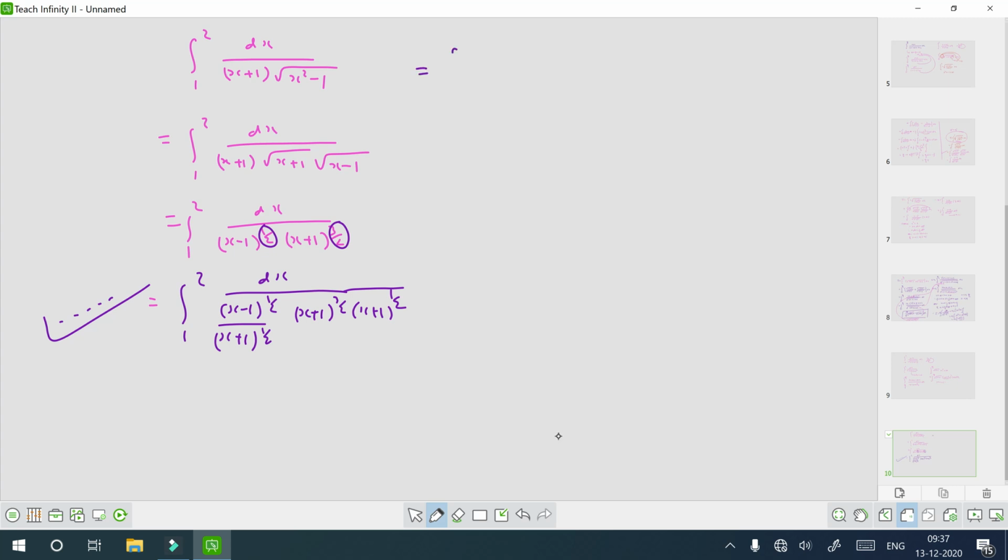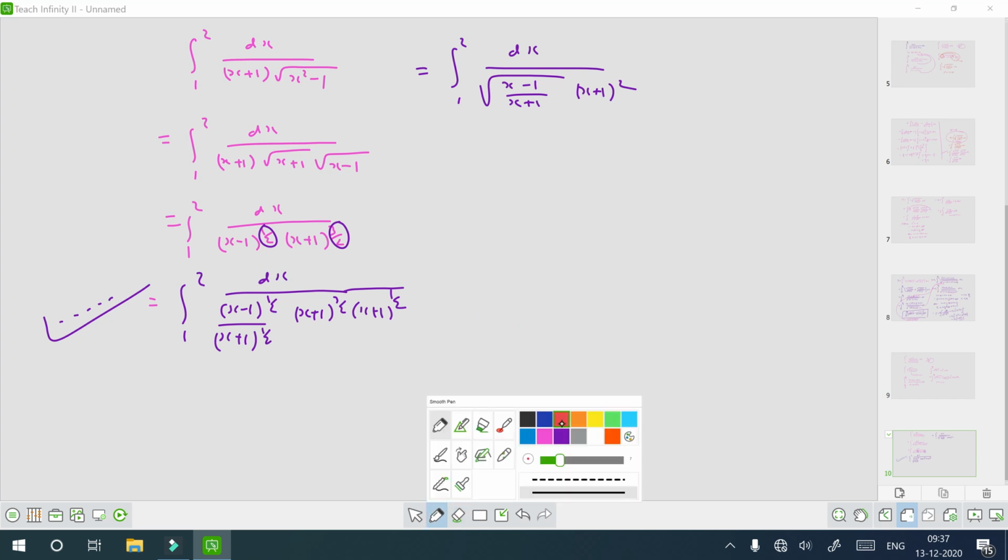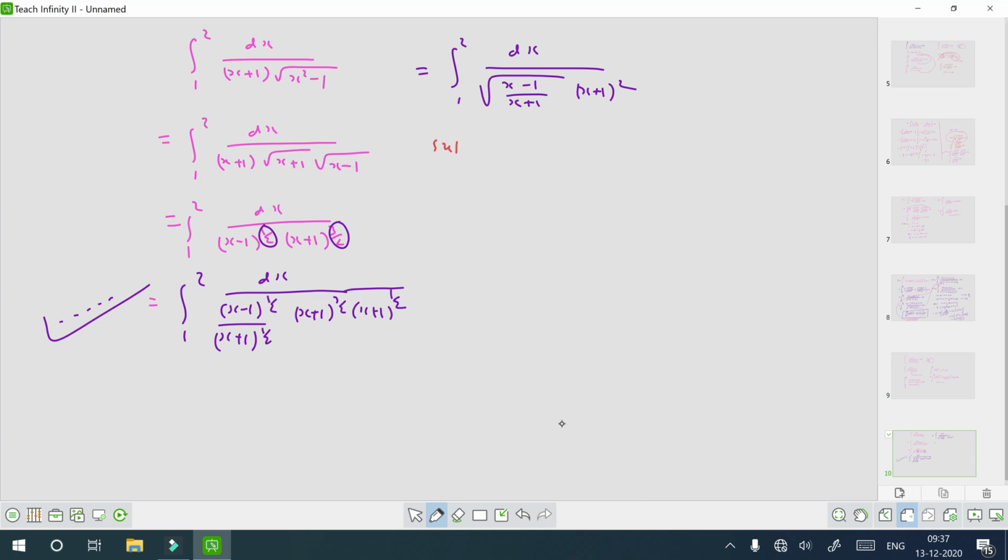So that is equal to 1 to 2, dx over root of (x minus 1) over (x plus 1) into (x plus 1) whole square. 3 by 2 plus 1 by 2 comes out 4 by 2, that is 2. Clear? Now suppose the whole root of (x minus 1) over (x plus 1) is equal to t. See?